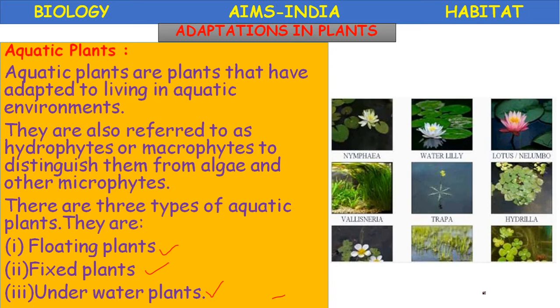So these water plants, the plants growing in water, which are called aquatic plants or hydrophytes, can be divided into three main groups: floating plants, fixed plants, and underwater plants. Let us discuss in detail about these types of hydrophytes.